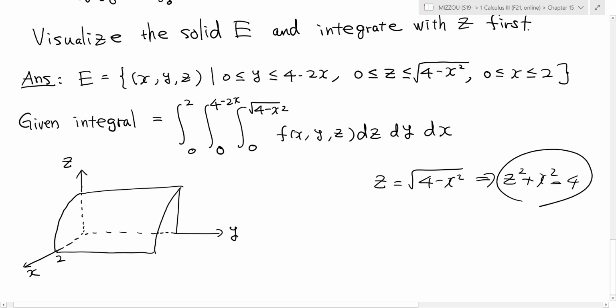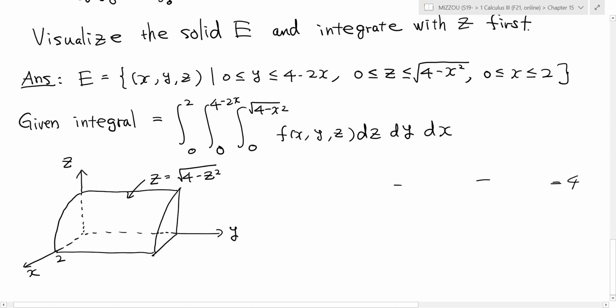And this surface, z equals the root, is the part of this cylinder like this. But at the same time, your y is between 0 and 4 minus 2x.